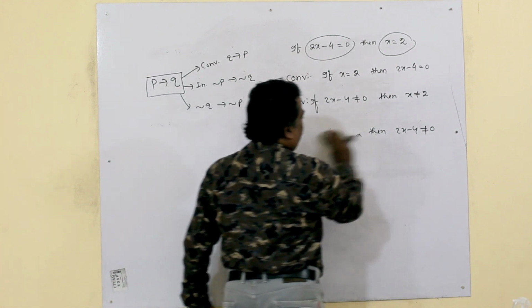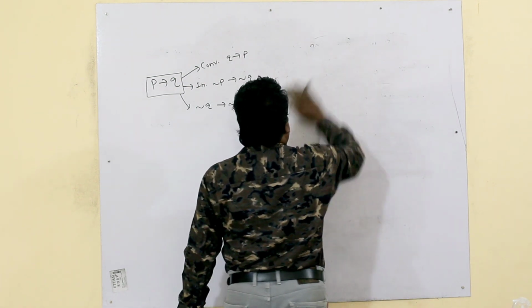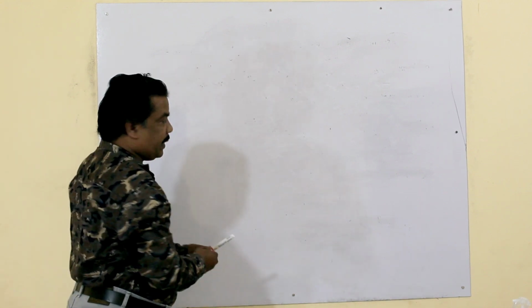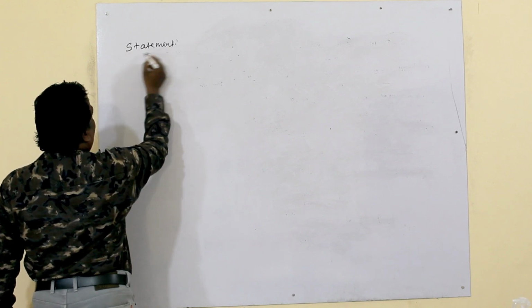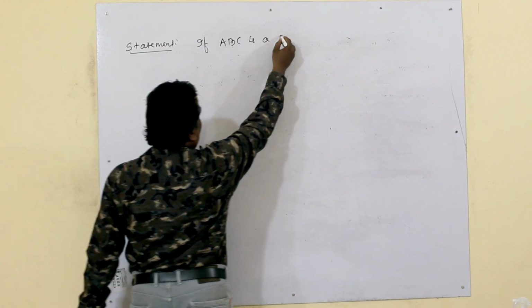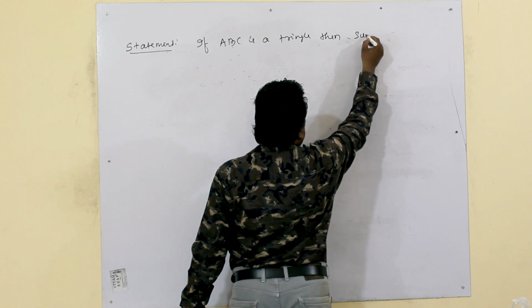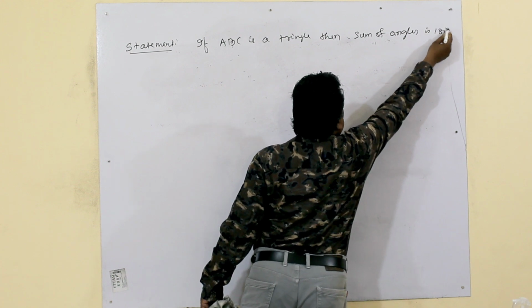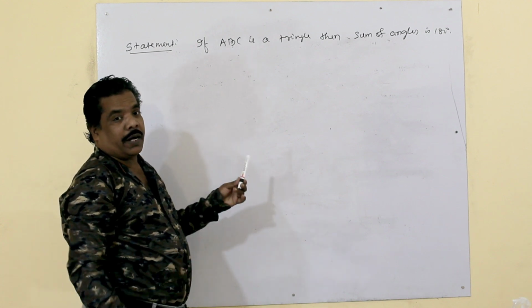Let's take another example. The statement is given that if ABC is a triangle, then sum of angles is 180 degree.